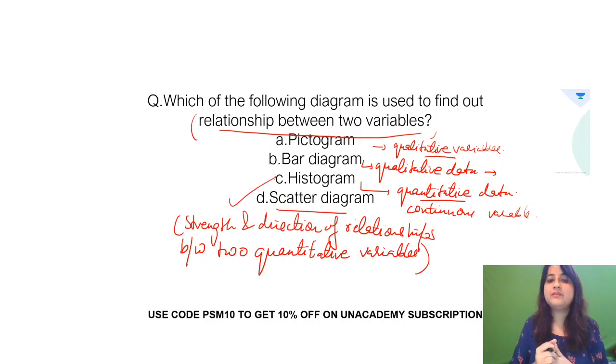Quantitative variables means we are talking about, say, height and weight. If height increases, what happens to the weight? So when we want to represent strength and direction of relationships between two quantitative variables, we use a scatter diagram.